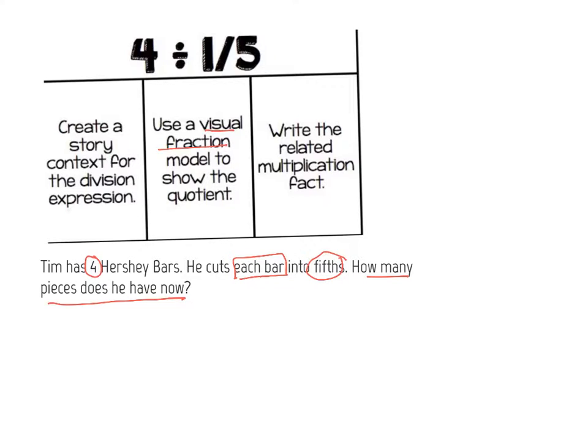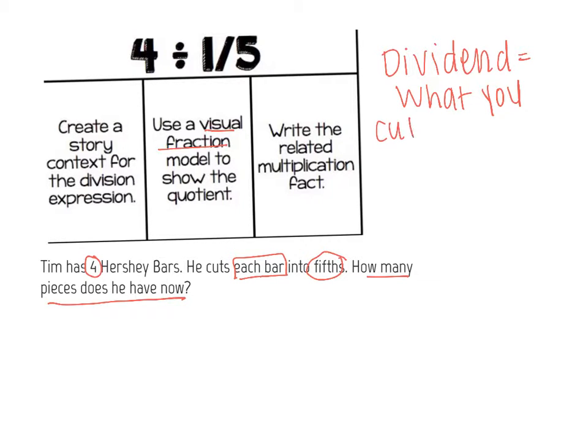I'm going to start by modeling my dividend. Remember, your dividend is what you cut up. When you're writing a division problem, the dividend always comes first.